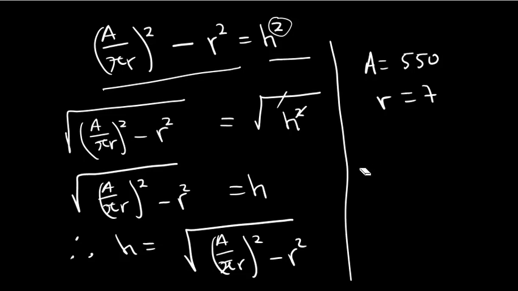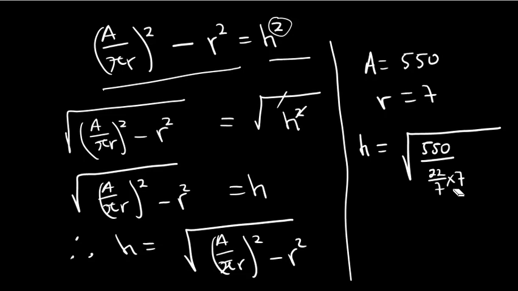So in this case, we are going to have h equal to the square root of A, which is 550, over pi. Now the pi was 22 over 7. Yes, they gave us a pi, so we're going to have 22 over 7 times 7. So this is the pi r.